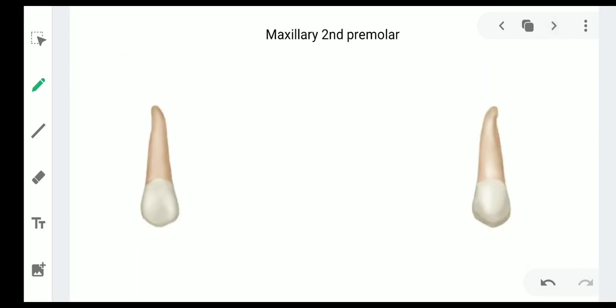Now the maxillary second premolar. First is the buccal aspect. From the buccal aspect, as you can see, it resembles the maxillary first premolar, but it is shorter than the maxillary first premolar and it is less pointed.